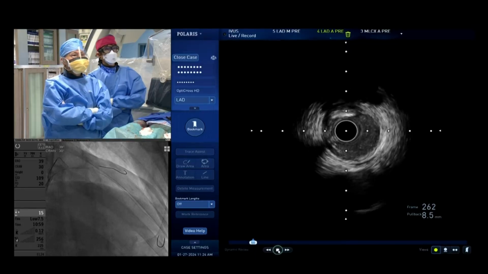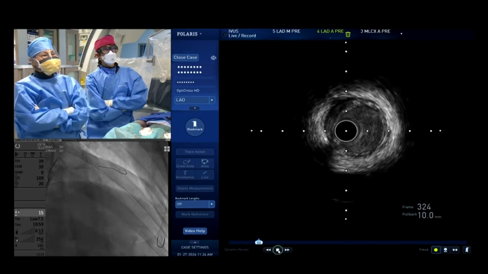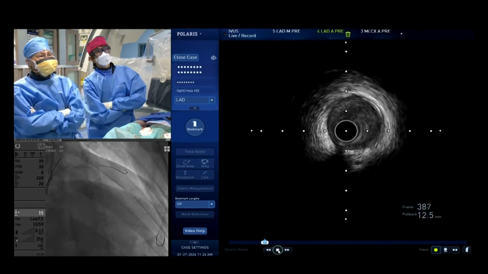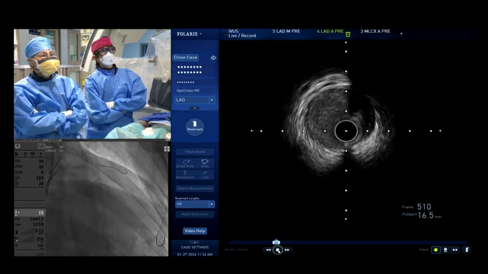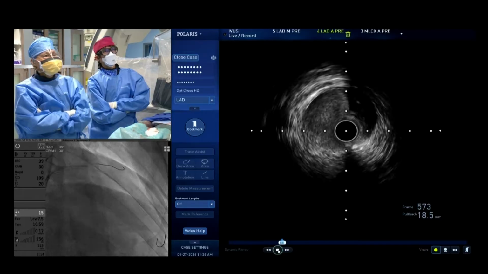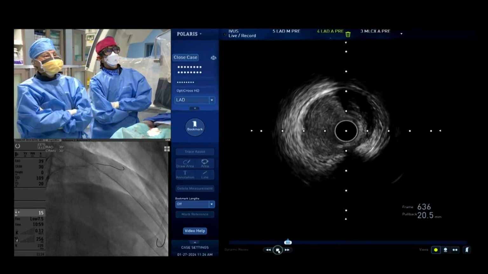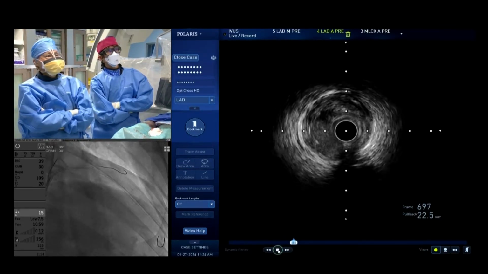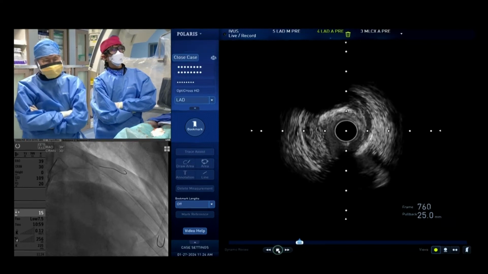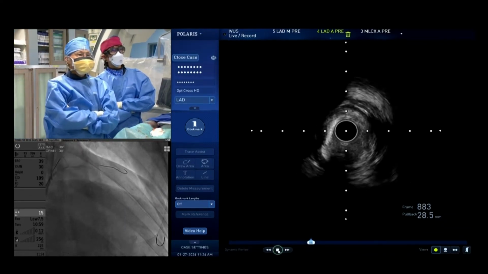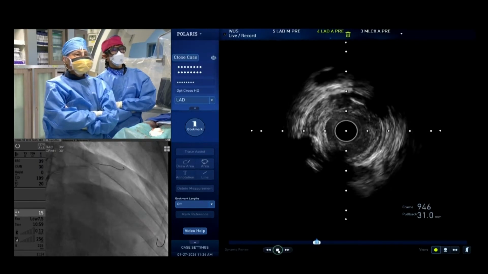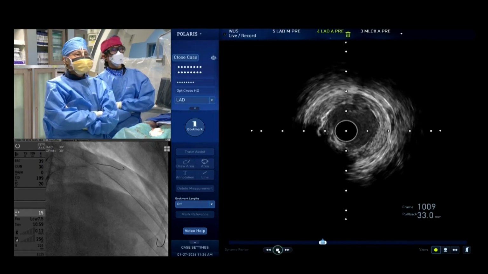So this is the mid segment that we just stented. Before, we didn't have IVUS after the stent. So there's some disease before the stent. This area of fibrotic lesions are the ones that we just stented, and we should be coming to the stent edge in about 10 more millimeters or so.